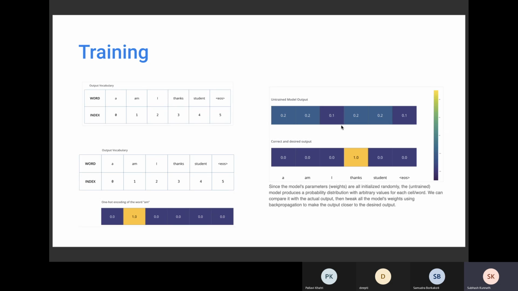Now you have to identify what's the error happening here, how much the current output is differing from the desired output.